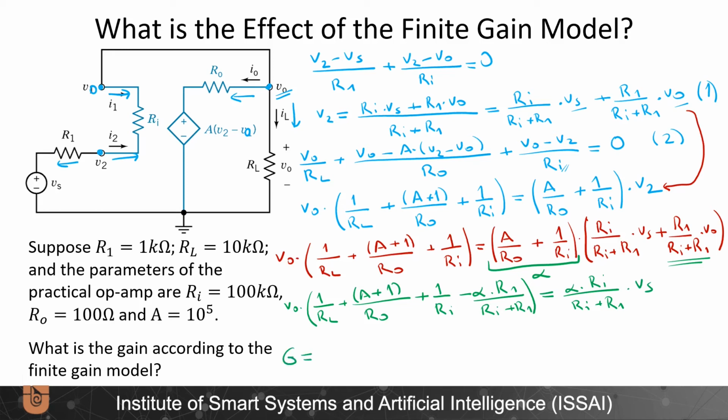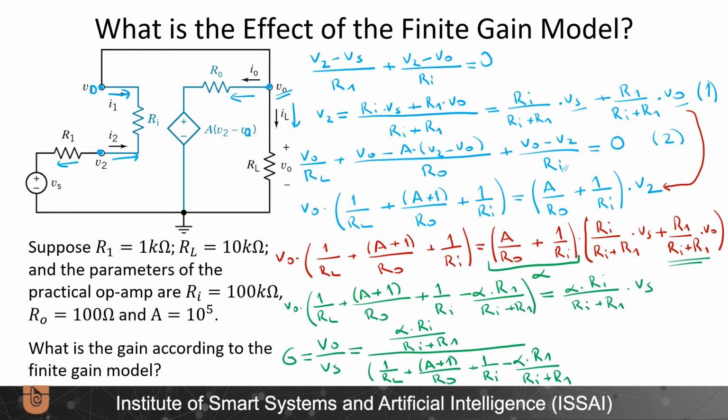Gain will be equal to V out divided by Vs. This will be equal to alpha times Ri divided by Ri plus R1, over the whole term 1 over RL plus A plus 1 divided by R0 plus 1 over Ri minus alpha times R1 divided by Ri plus R1. And I found my gain.